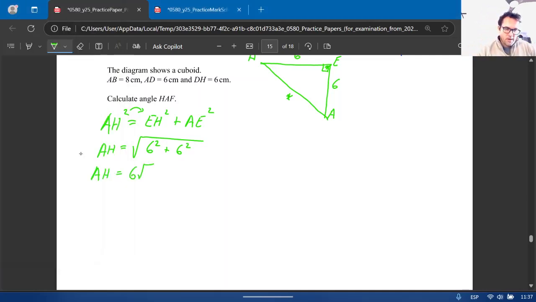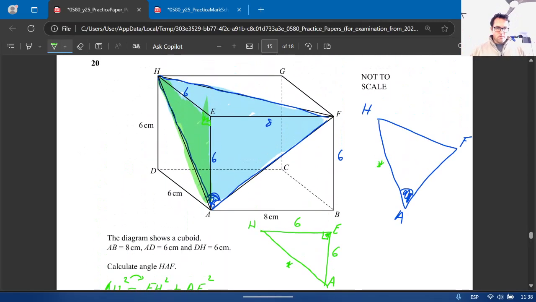It's a lot more accurate. If your calculator doesn't give it to you in surd form, you can still write it that way. 6 squared is 36 plus 36 is square root 72. If you know how to do surds, you can simplify it, but we're not doing that now. But you can write square root 72. It's a lot more accurate and easier than writing that whole decimal answer.